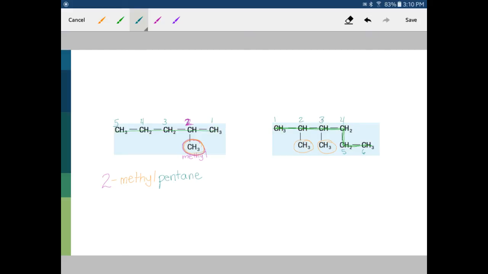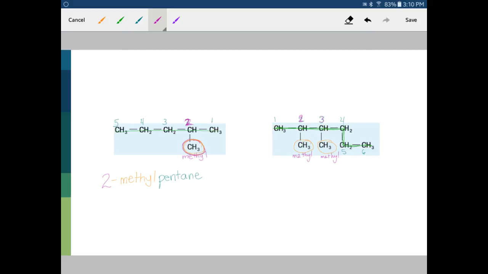So 2 and 3 is less than 4 and 5, so I'm going to keep my numbering from the left to the right. I name these, and I have groups coming off of 2 and 3, and these are both methyl. Again, be careful, this isn't an ethyl group, we have 2 methyl groups.